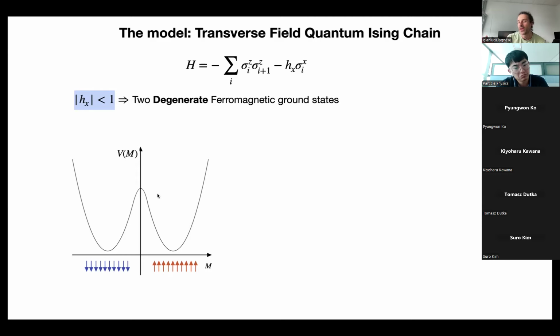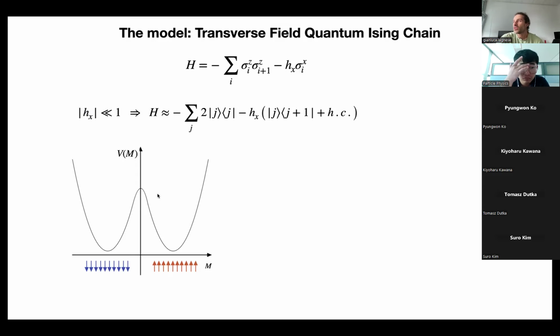This can be understood formally, but in this case it is really to guide the intuition of what's going on. We have a free energy landscape, and the two minima correspond to these two ground states, which are related by a Z2 transformation, where you just flip all the spins. They are degenerate, so they are at exactly the same energy level.